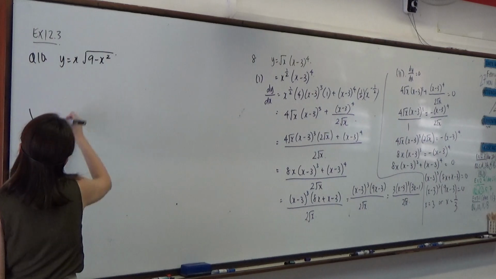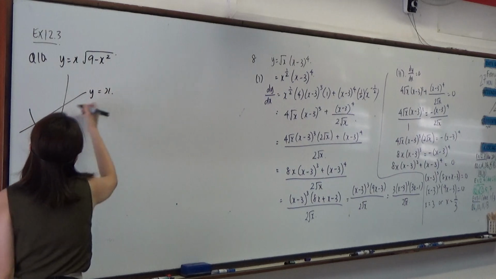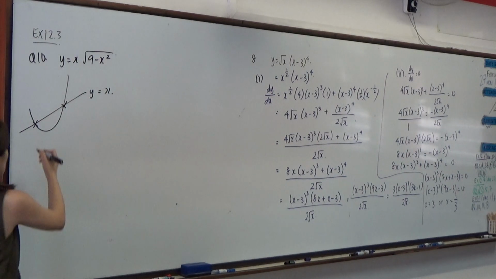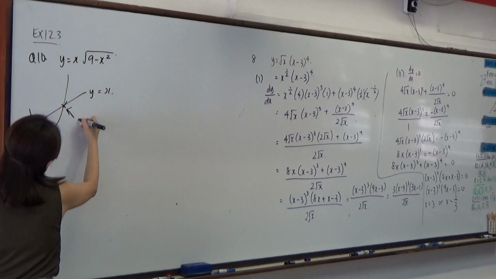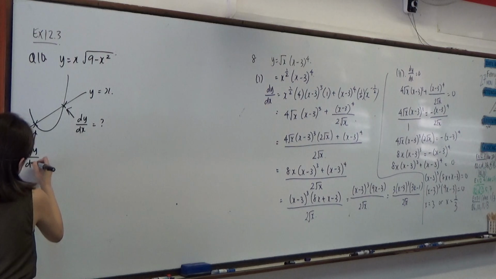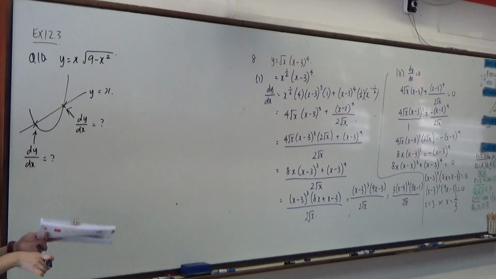So given a curve, there is a line y equals x, and they intersect at 2 points. We want to find the gradient, that means our dy/dx value at these 2 respective points. As a diagram-wise interpretation of the question, this is what we're referring to.